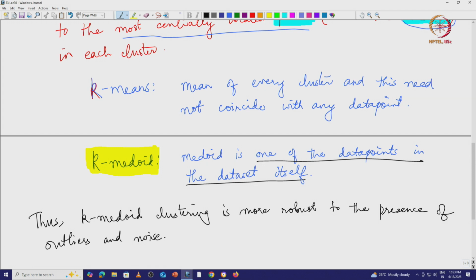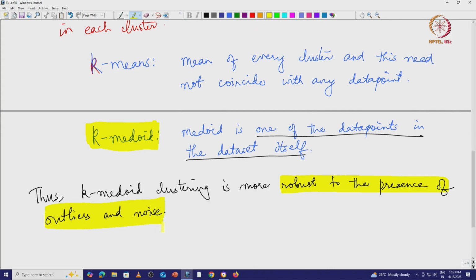So your outliers can really disturb the mean because they can push the mean in one particular direction, but they cannot really change the medoid, and therefore K-medoid clustering is more robust to the presence of outliers and noise. And if you would rather have your clusters be defined on one of the data points themselves, the data point that is more centrally located, then you should prefer K-medoid clustering over K-means clustering.